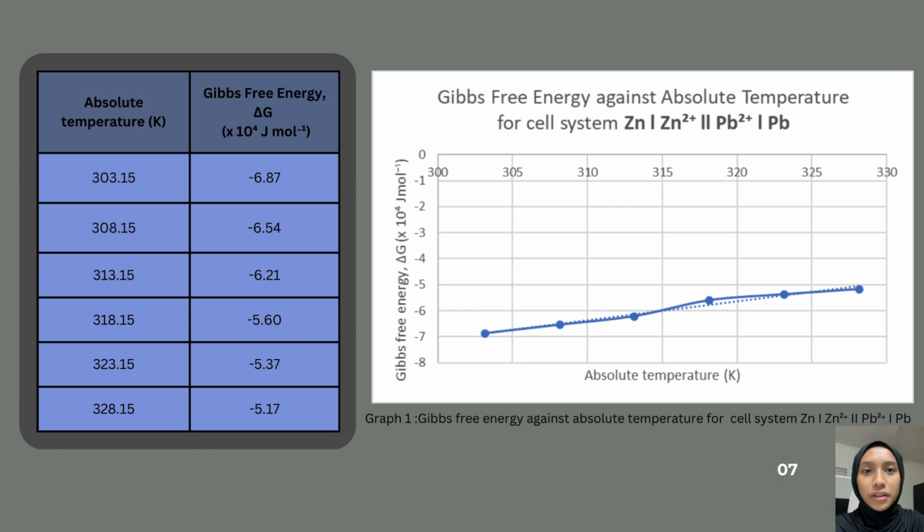So based on the values that we get, the value of Gibbs free energy, delta G, we plot the graph of Gibbs free energy against the absolute temperature for the cell system zinc and lead.